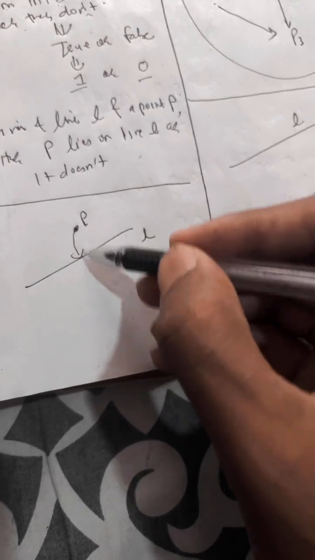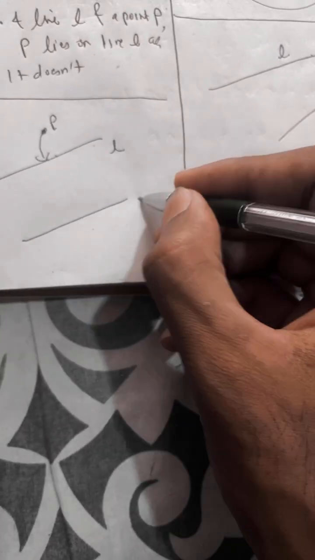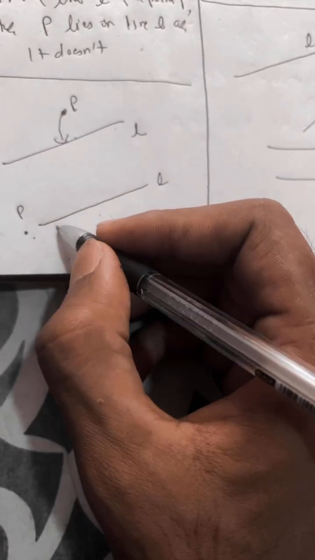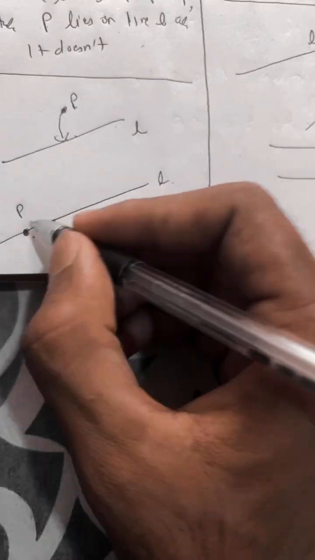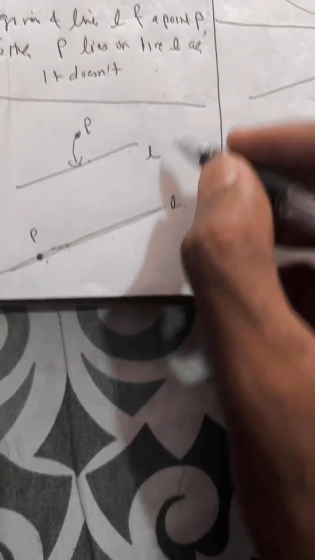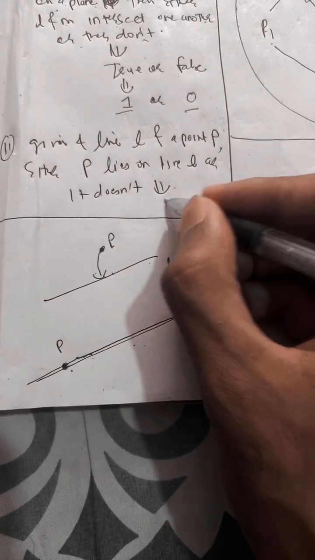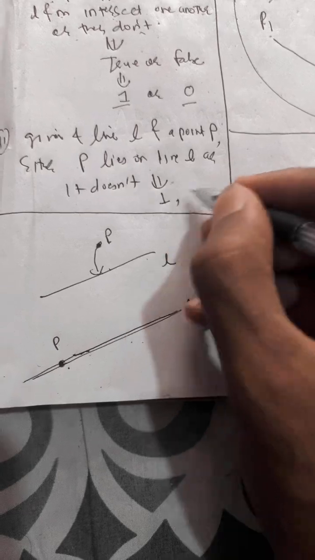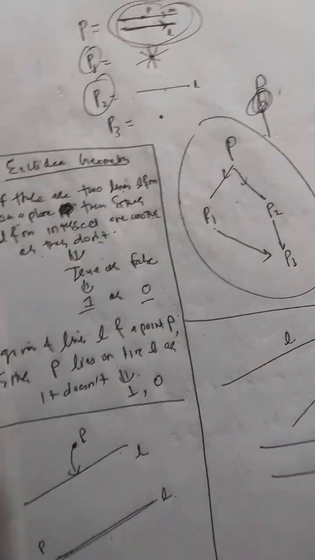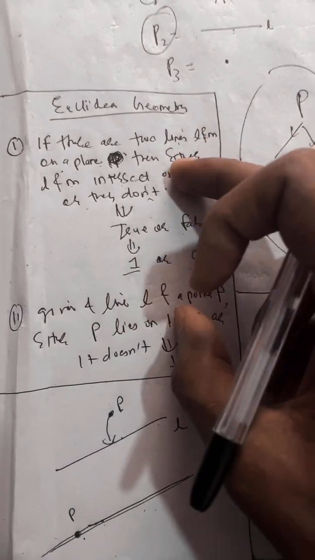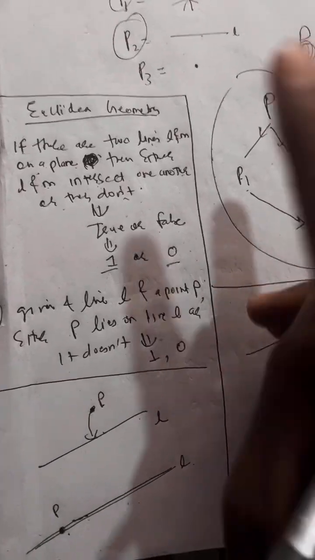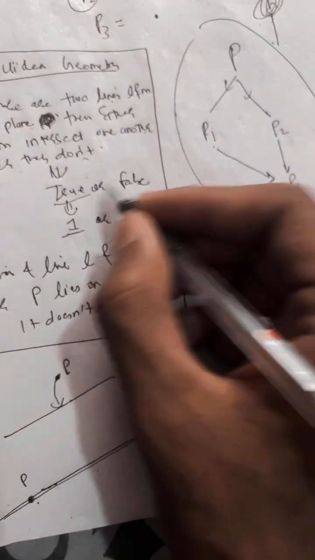In this case, this point does not lie on this line. Or given a line and a point P, now this point lies on this line because we can extend this line and we can see this point P belongs to this line. So this statement is also true or false. True means 1, false means 0, right? So these are statements which have two values, either 1 or 0, meaning either true or false.